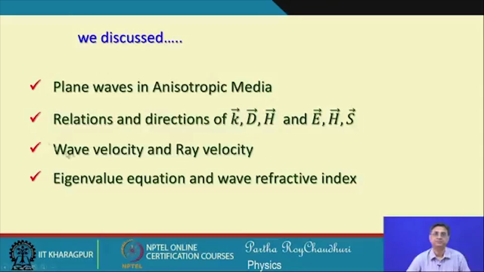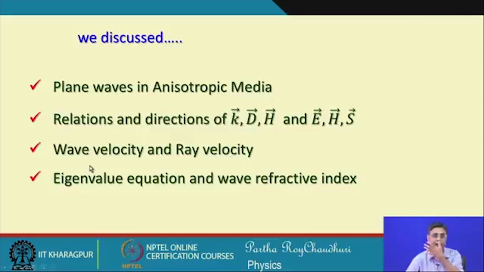We have also seen the wave velocity and the ray velocity and their relationship. The wave propagates along the k direction with a velocity which, in an anisotropic medium, is in general different from the ray velocity, which travels along the direction of the Poynting vector, that is S. They are related by a factor of cosine phi, which is the angle between the direction of wave propagation and that of ray propagation.